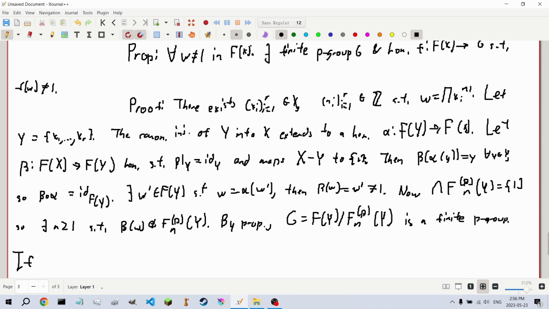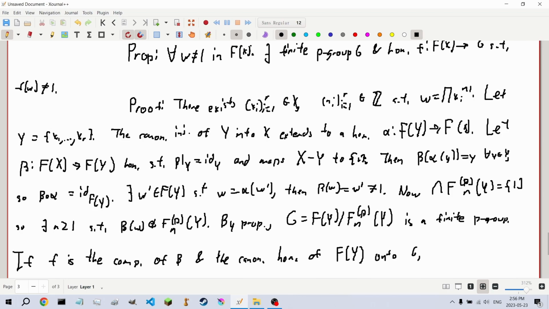If f is the composition of our beta and the canonical homomorphism of F of Y onto G, then f of w cannot be 1.